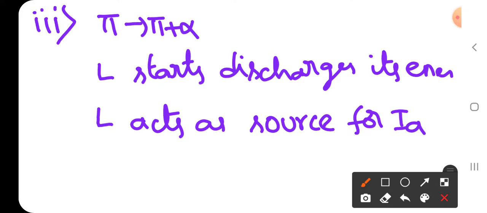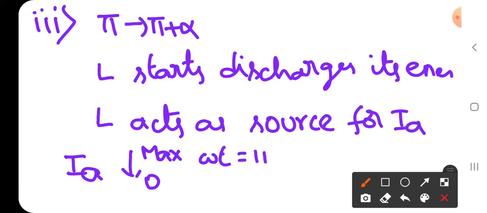Then what happened to IA? IA decreases from maximum to 0. It is maximum at omega t equal to pi, and 0 at omega t equal to pi plus alpha.